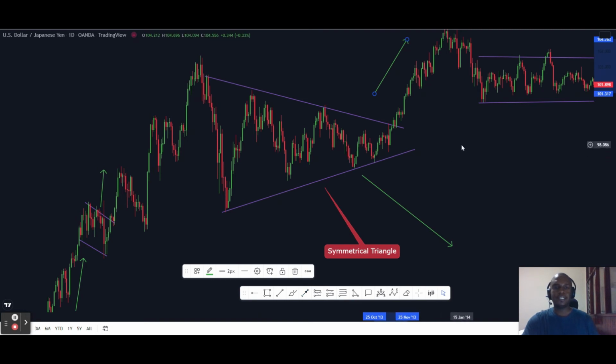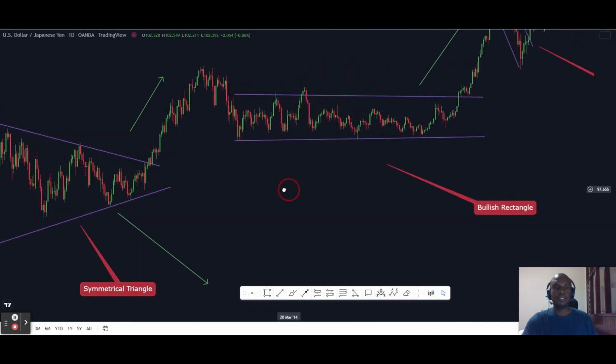So when you're trading this, you have to wait until there is a breakout outside of this triangle before you actually lock and load, before you put your buys and your sells. So now you can see it live on a daily chart where you could be trading or taking opportunities.